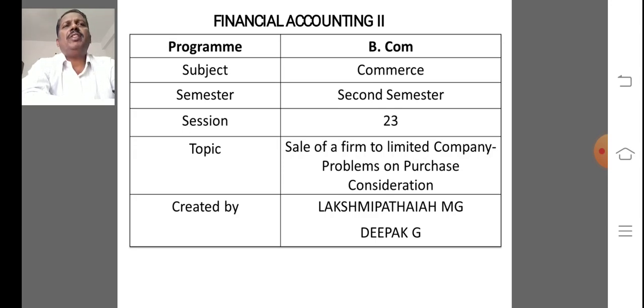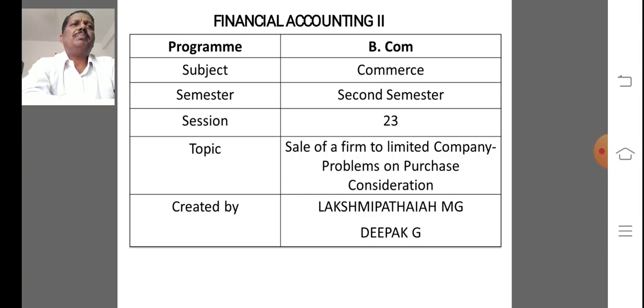What is the lump sum method? Under this method, a fixed or lump sum amount is paid by the purchasing company for assets and liabilities taken over from the vendor firm.